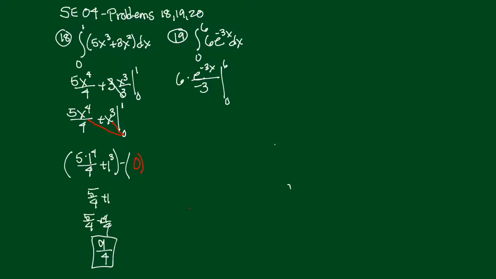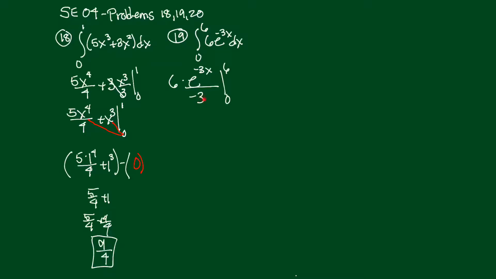So first of all, how about this? This negative 3 will go into 6 twice, so now we're going to have 2e to the negative 3x from 0 to 6. So that 6 is going to come along, and then we're going to get times. It's an exponential, so we get negative e to the function itself, right, divided by now the coefficient of that exponent, and then we're going to go from 0 to 6.